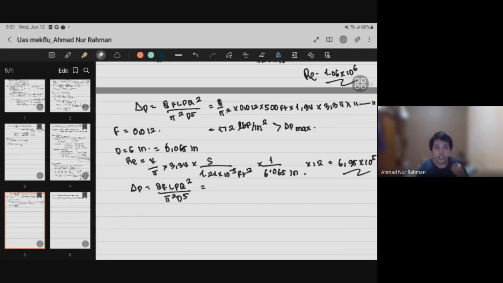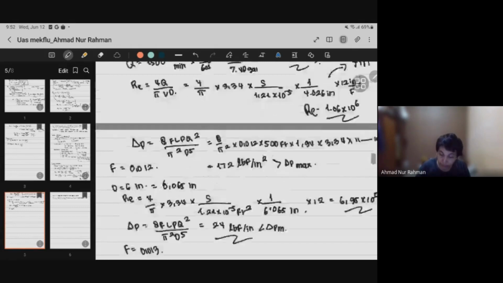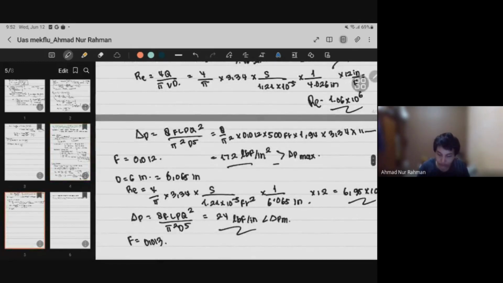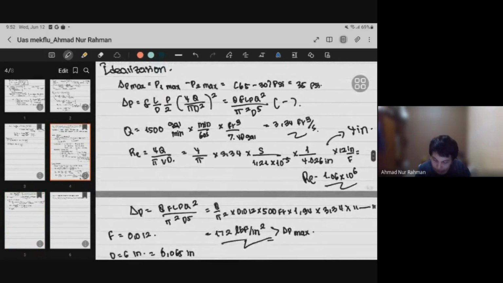So if it's 6 in, the f is 0.013. So the result we had is 24 lbf per in squared, compared with delta p max. This is the result we are after, and we're trying to compare the result of 6 in and 4 in.